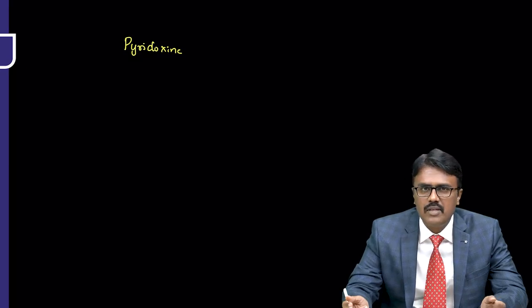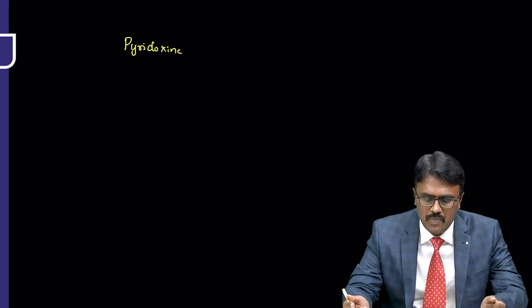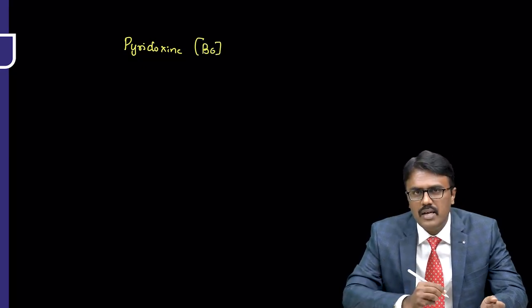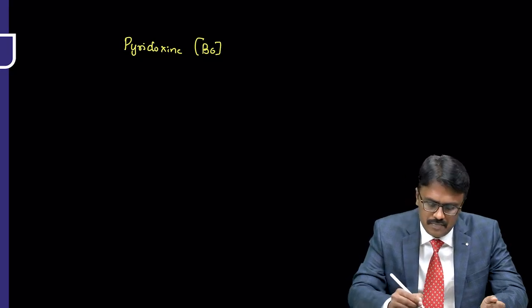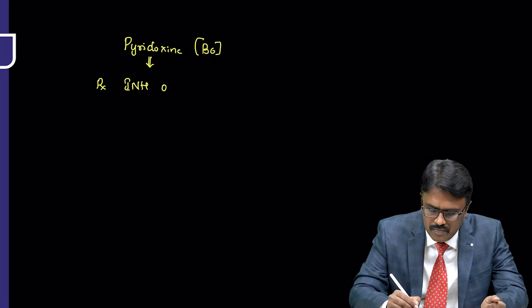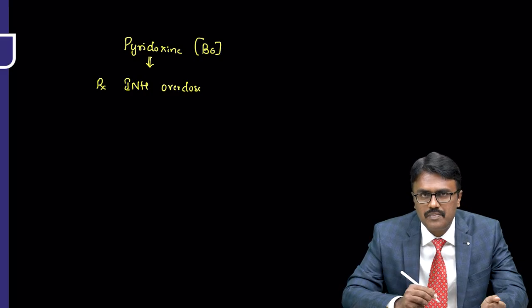So next, I am going to discuss pyridoxine. Pyridoxine is nothing but B6. Now, what is the application I need to understand about pyridoxine? It is used for certain conditions. Number one, INH overdose. If there is INH toxicity, pyridoxine is the antidote.